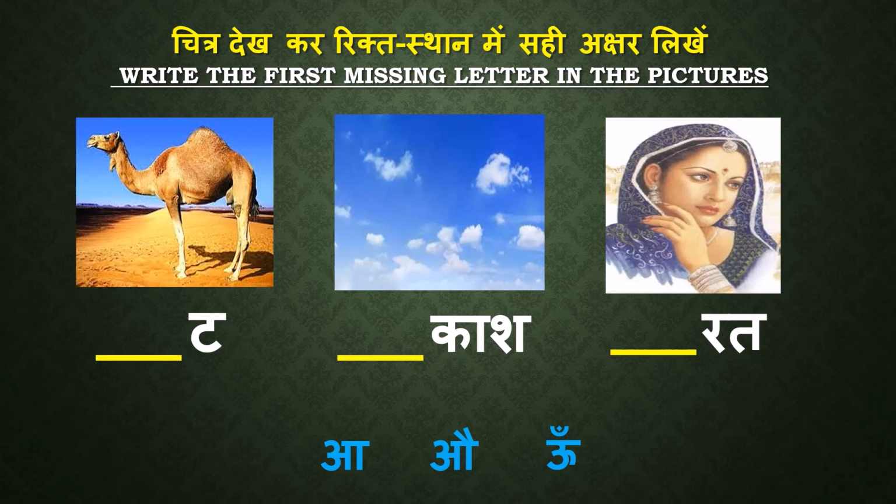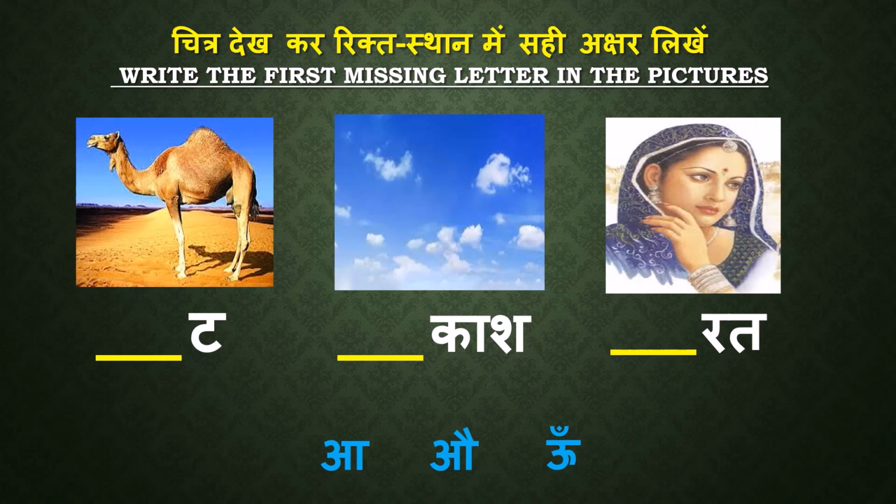These are Hindi words or the Hindi names of the pictures. So, those of you who know Hindi, at least how to speak, will be able to identify the names of these pictures. And you have to put the first, missing letter in these pictures accordingly.